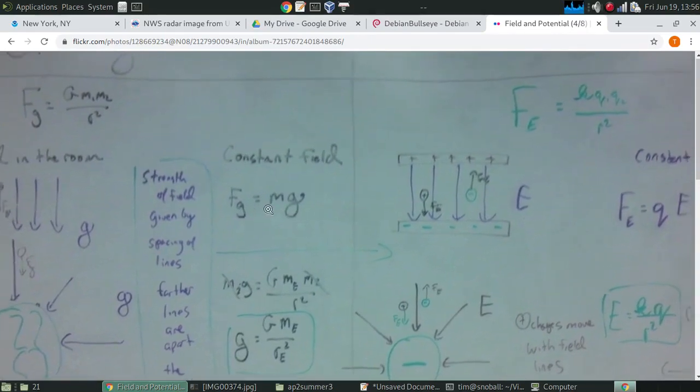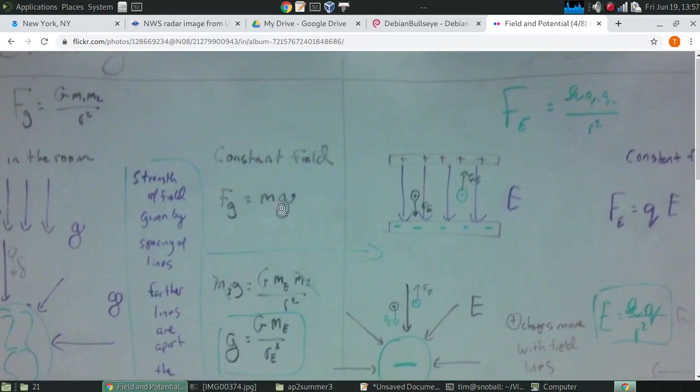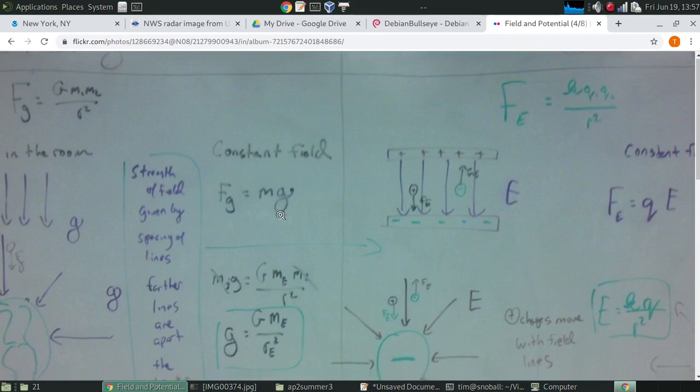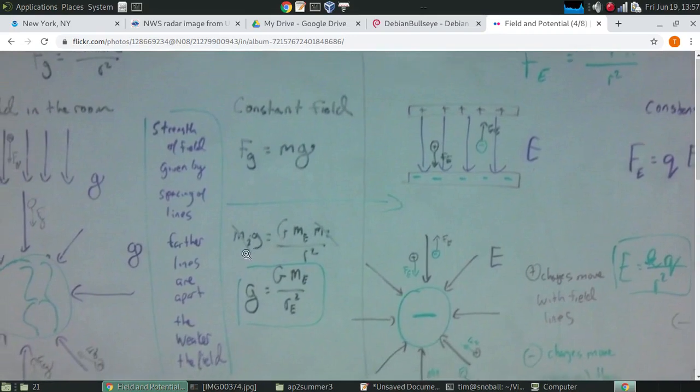Force of gravity equals something to do with the object times something to do with where the object is. So little g is actually a quantitative measure of how strong gravity is in a location, and we call it the gravitational field. We can solve for little g by setting the two equations equal.